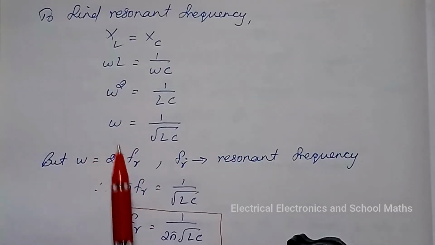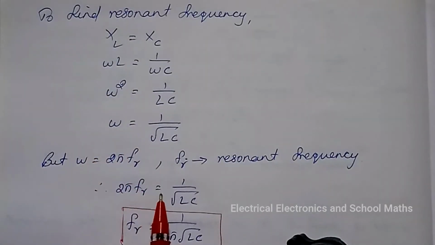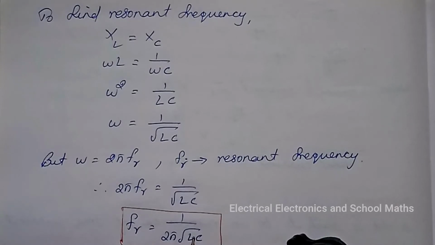Substituting the value of omega, 2 pi fr equal to 1 by root LC, that is, fr is equal to 1 by 2 pi root LC. This is the value of the resonant frequency.